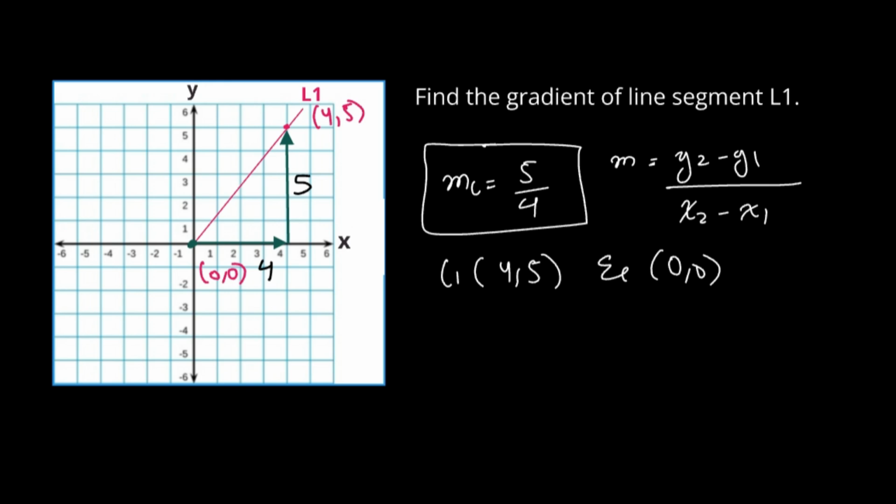Now the gradient of the line segment L1 becomes y2 minus y1 divided by x2 minus x1. I can call 4, 5 as x2 and y2 and 0, 0 as x1 and y1. So the gradient becomes 5 minus 0 divided by 4 minus 0. So the gradient becomes 5/4.